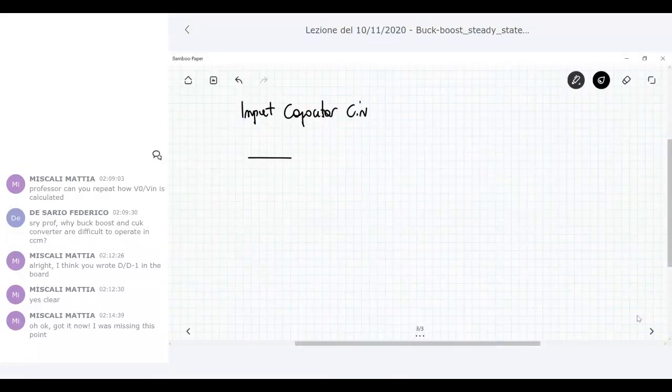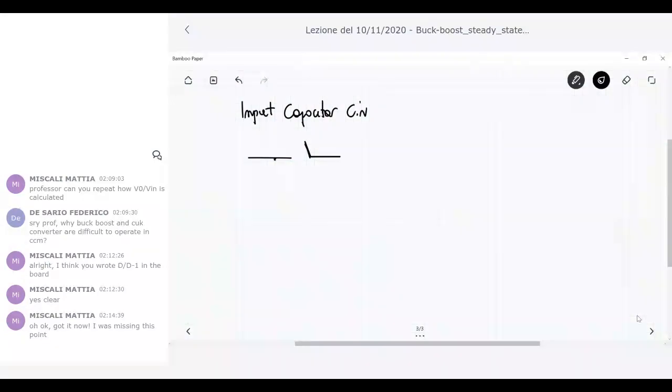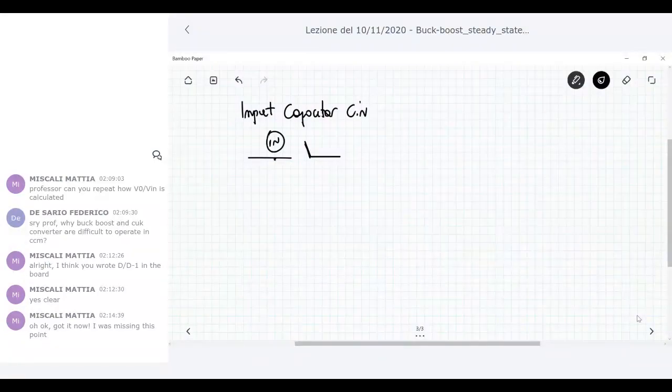This current can be derived by looking again at the node, we call this node in. Okay, we have C in, which is here. So let's suppose that the direction of the current is this one.